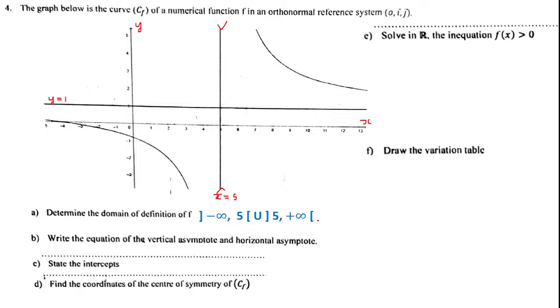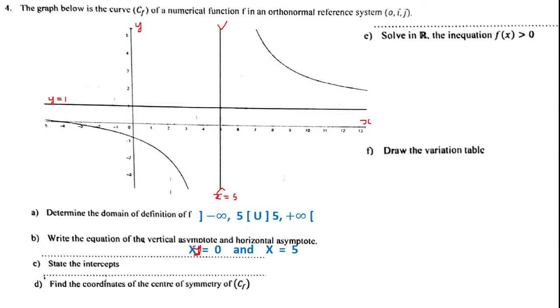Then B, write the equation of the vertical and horizontal asymptotes. So as we just mentioned, the vertical asymptote here is the line x equals 5, and the horizontal asymptote is the line y equals 1. Okay, small correction here.